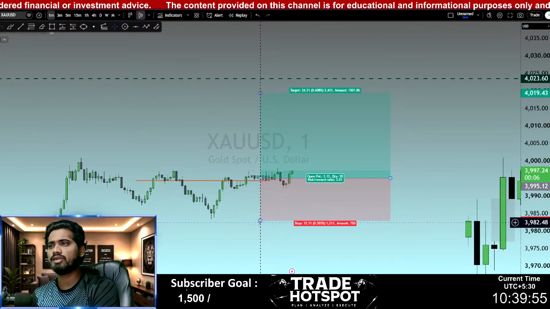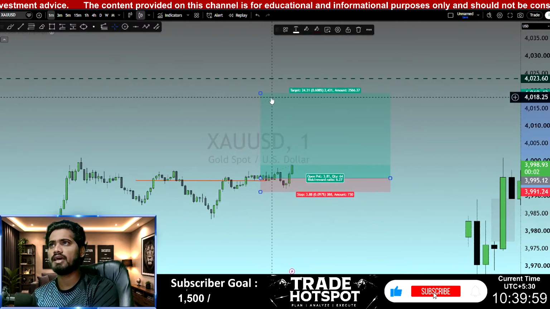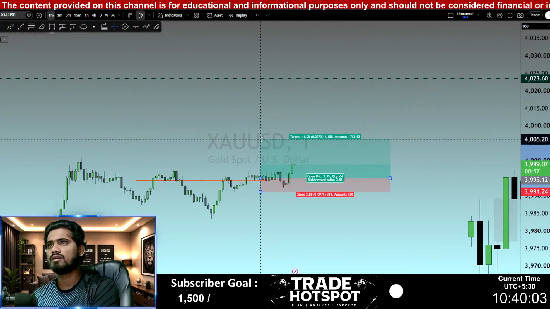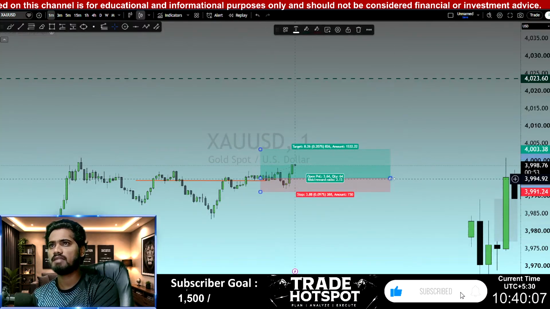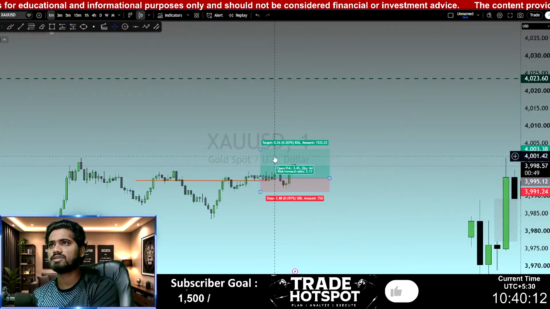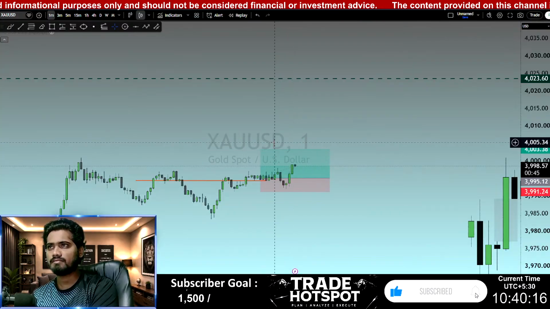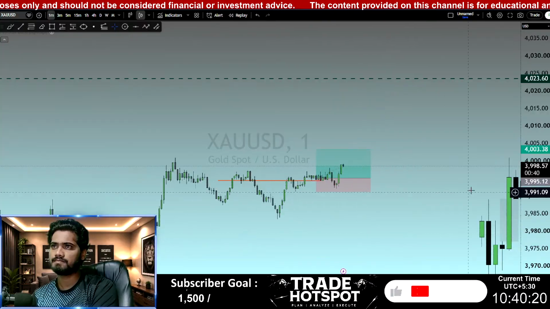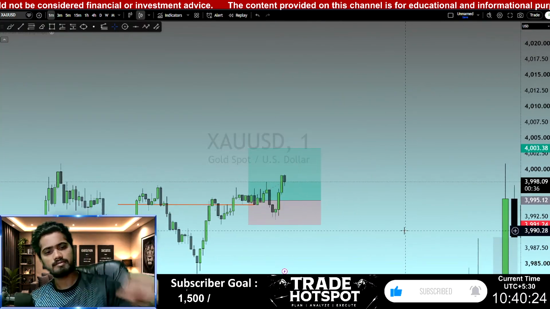You can keep your stop loss here, and by keeping your target at 1:2, which is here, you can do a small scalp, guys. With a 38 pip stop loss, against that you will get 82 pips. A small scalp you can do here.